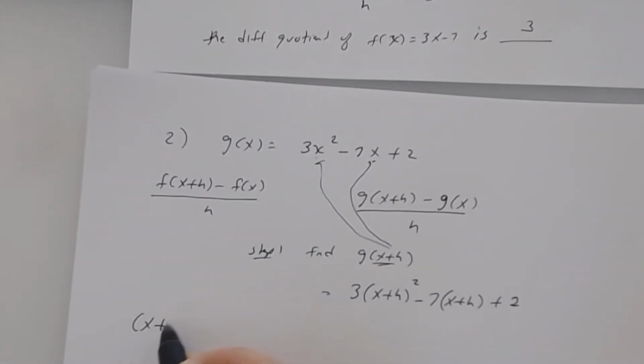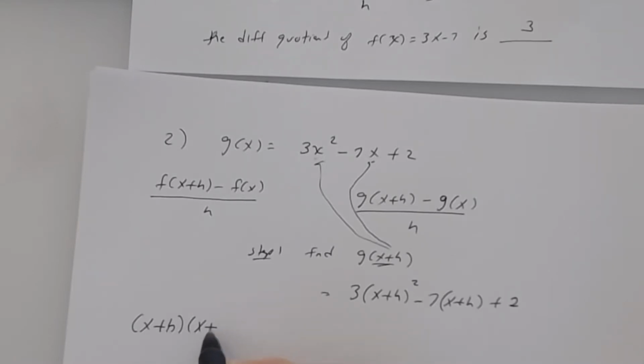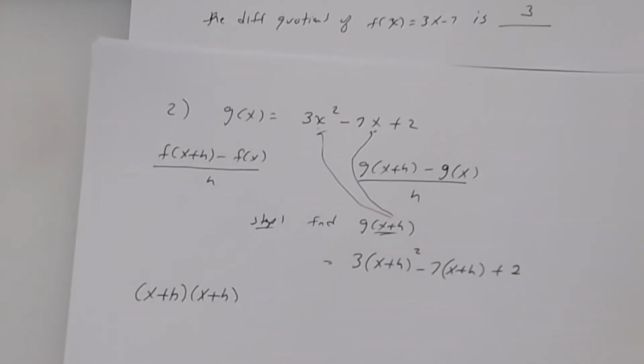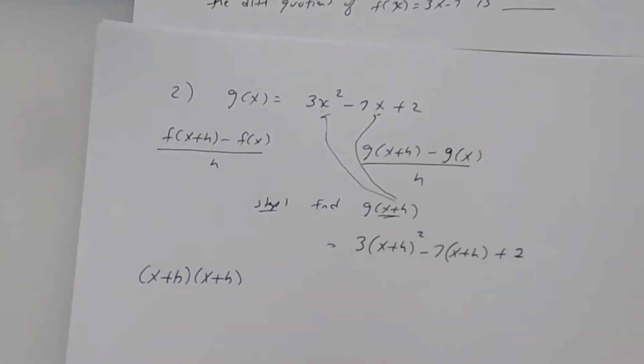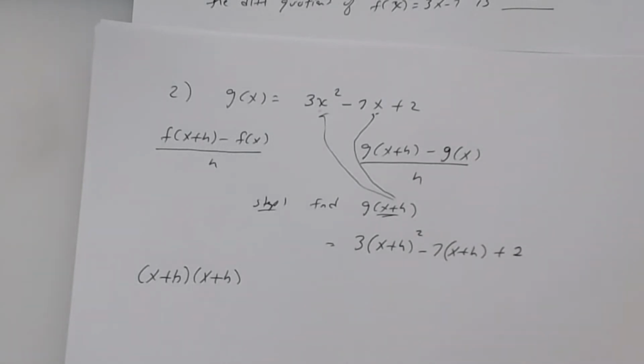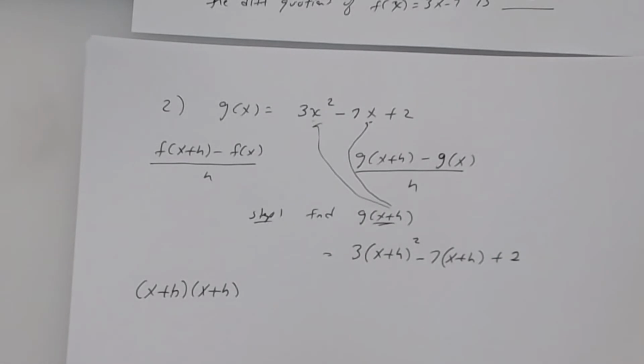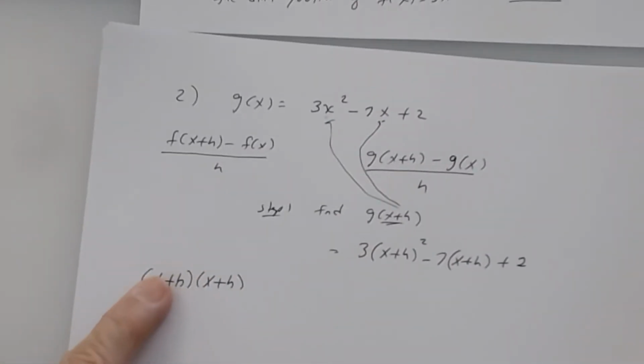Well, remember, x plus h squared means x plus h times x plus h. Now remember, when you're dealing with a quadratic function, I want you to notice this, in every problem you do, you're always at some point going to square x plus h. So this part will always be the same for all the problems we do, when you square.